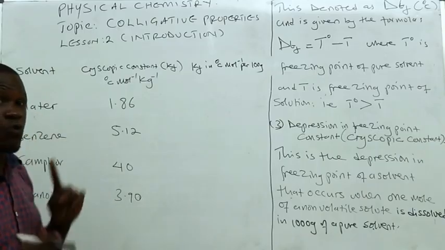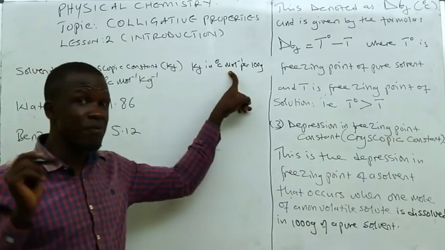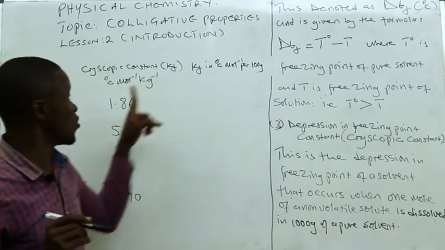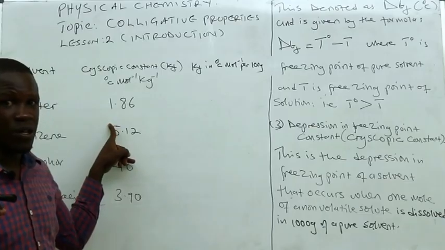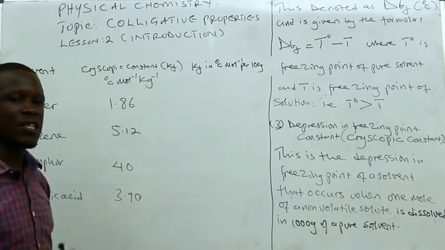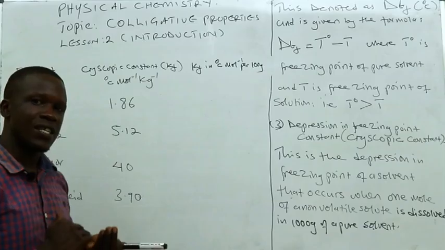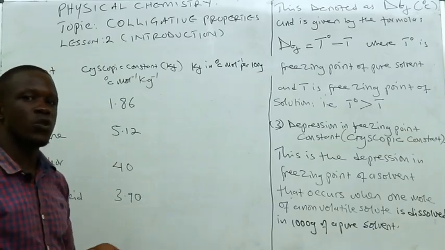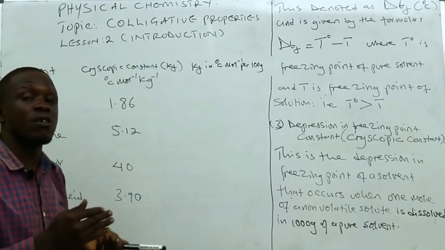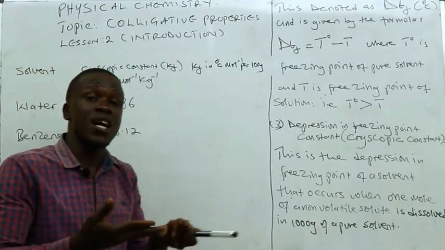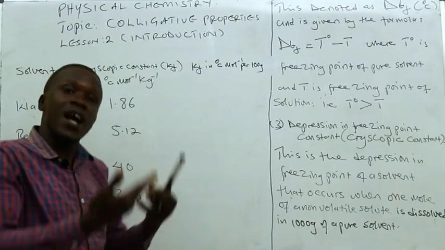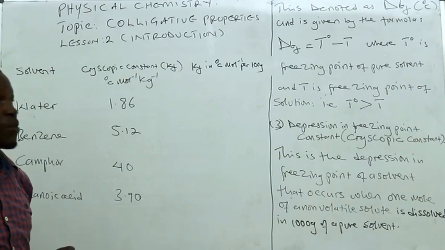But we are dissolving the same quantity of the solute, 1 mole. So we expect that since the solute is the same quantity but the solvent is lower, the solute will express itself much more. So it will cause a bigger depression in freezing point.